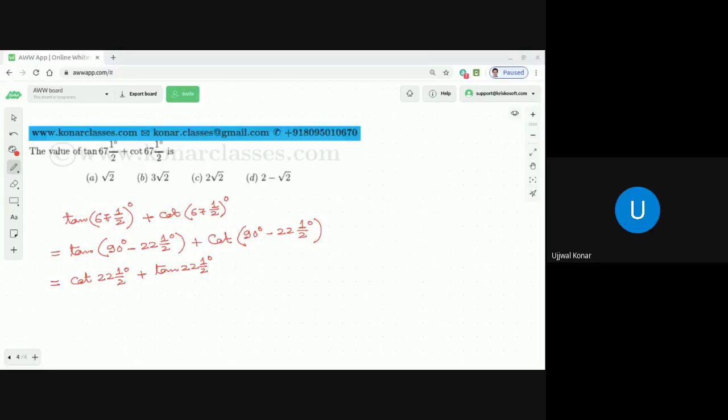So if you find this, you will get it equal to root 2 plus 1 plus root 2 minus 1. That value you need to remember. And from here you will find the value as 2 root 2. And eventually we get the correct option as C.